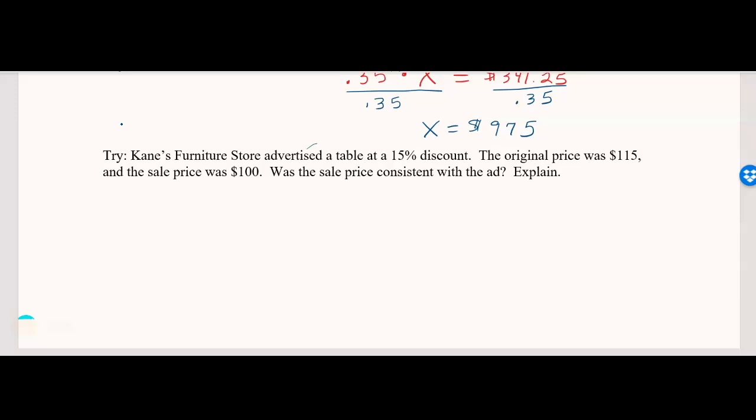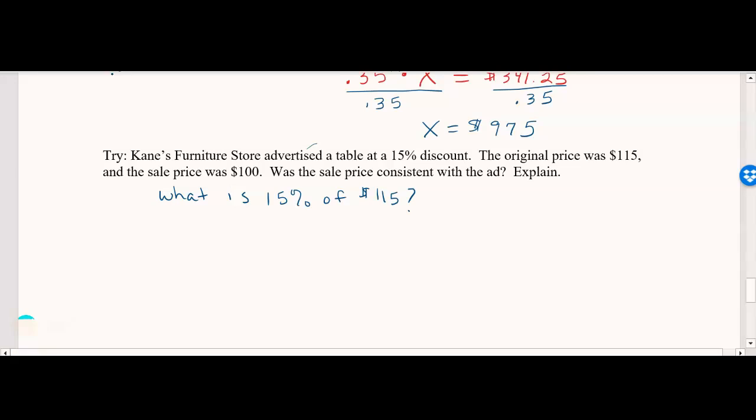All right, and if you are ready to solve this, we're just going to go ahead and solve. What is the question we're asking? We're asking, what is 15% of 115? That's what we're asking. What is 15% of 115?